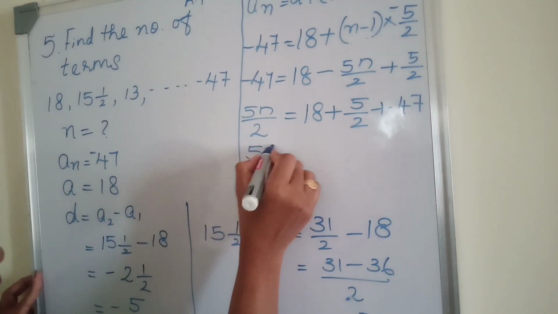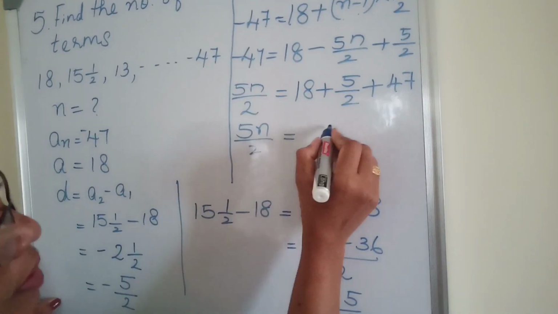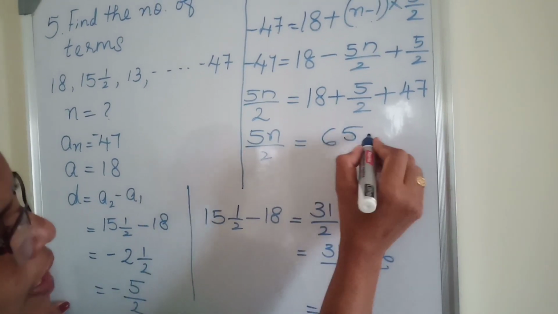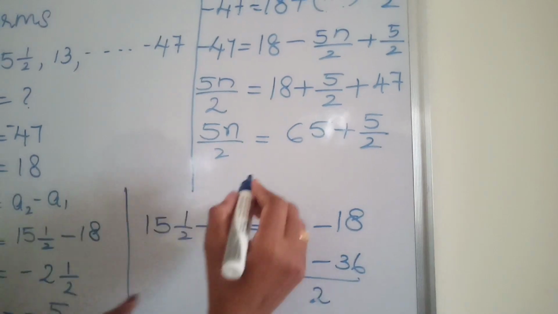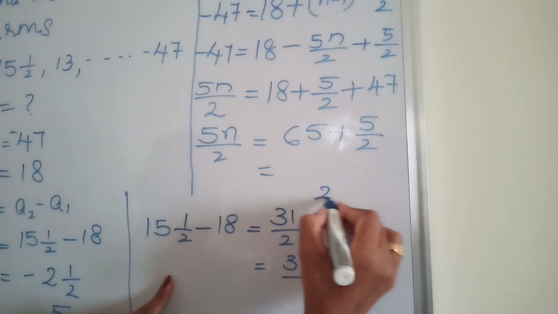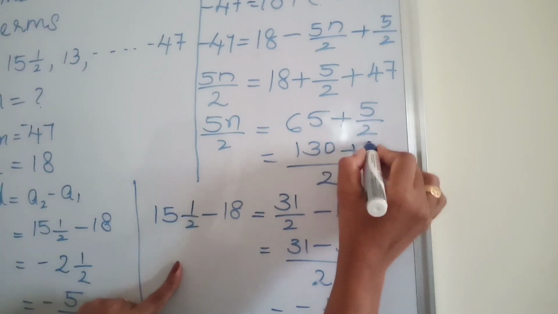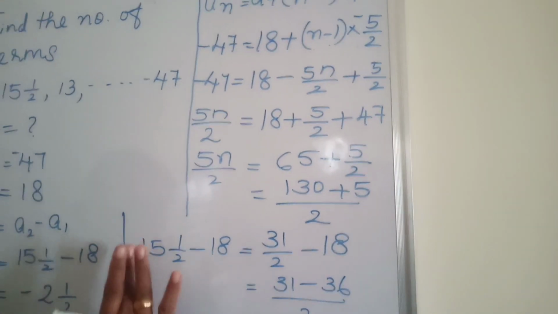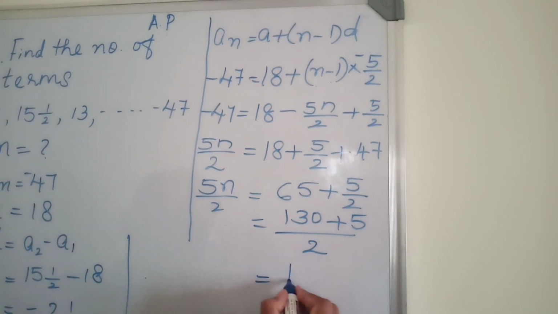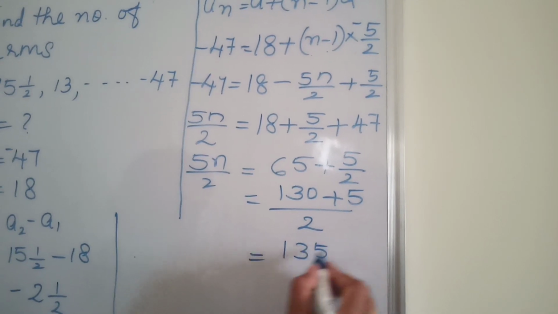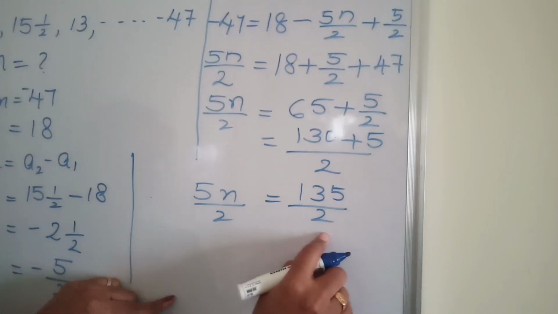Once again, 5n by 2 equals, first we will add 18 and 47. 65 plus 5 by 2. 2 is the LCM. 65 2s are 130. 130 plus 5 equals 135 by 2. 5n by 2 is equal to 135 by 2.